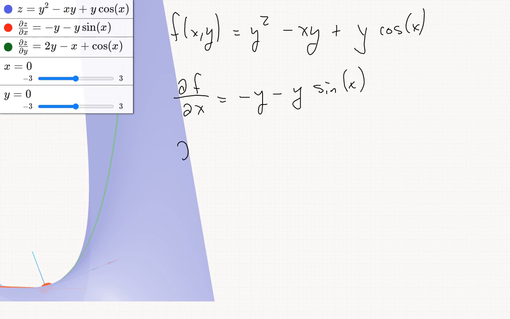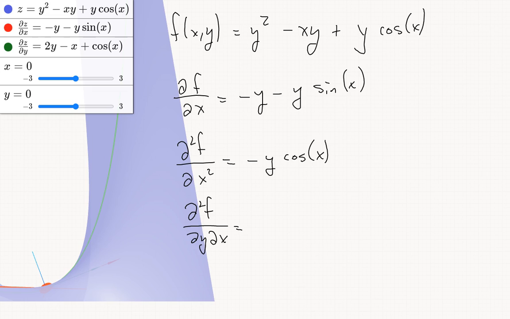So now this gives ∂²f/∂x² will be negative y cos x, and ∂²f/∂y∂x will be negative 1 minus sin x.